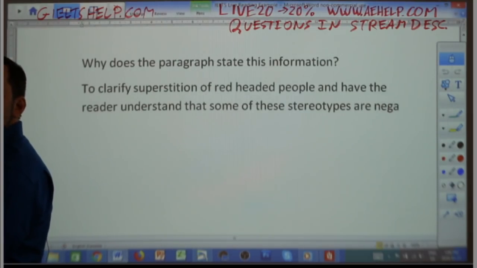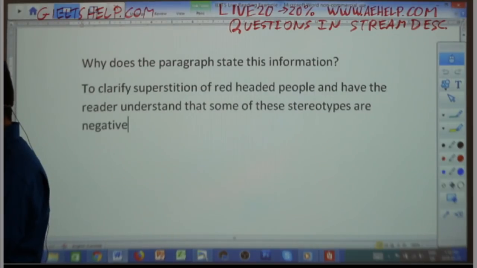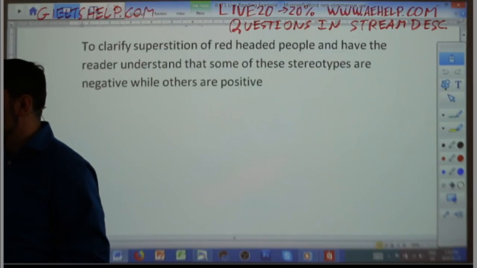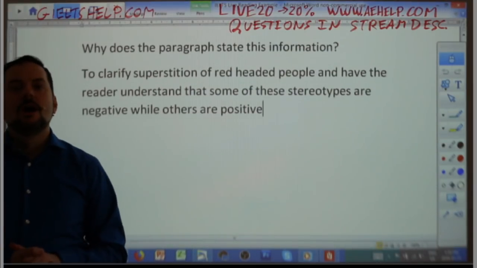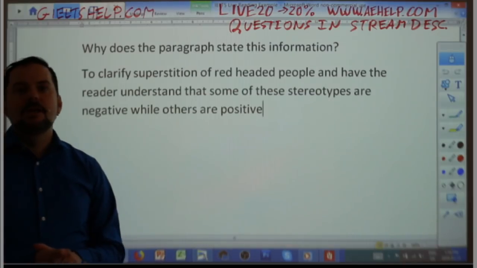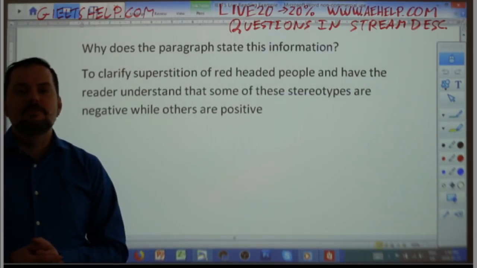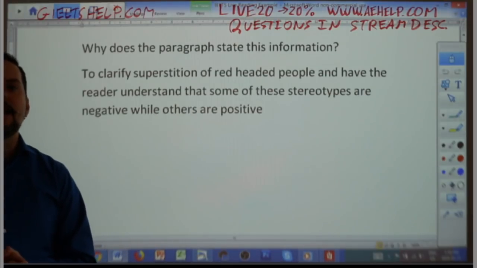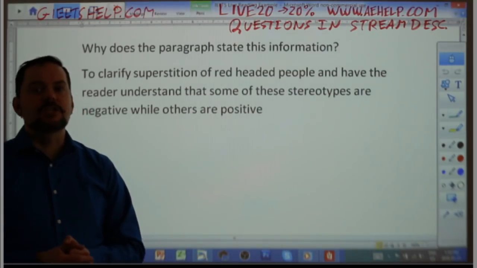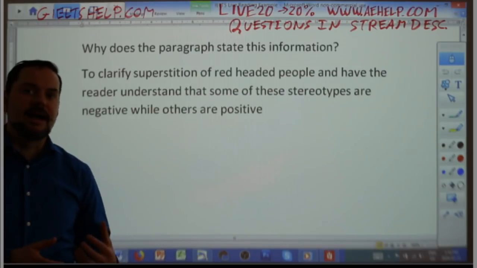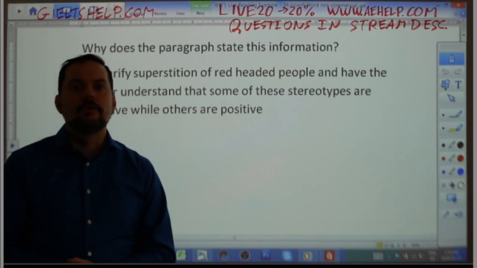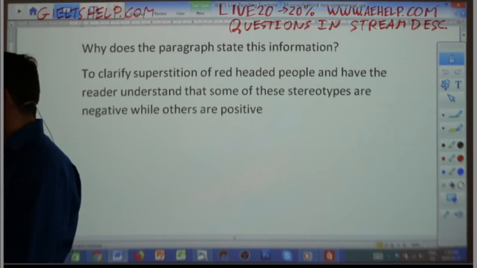Are negative while others are positive. So hopefully most of you did get this now that I'm telling you that this paragraph makes it clear for the reader that red-headed people have experienced both positive and negative stereotypes in history. Negative more in the past, positive more recently, right? So how?